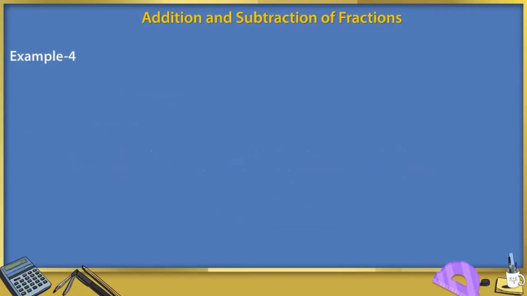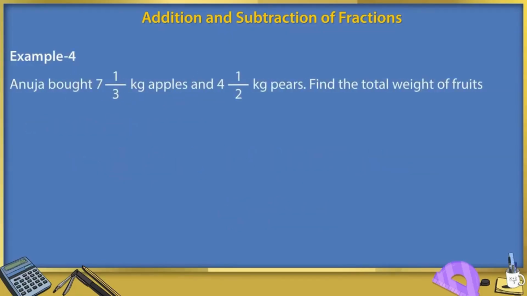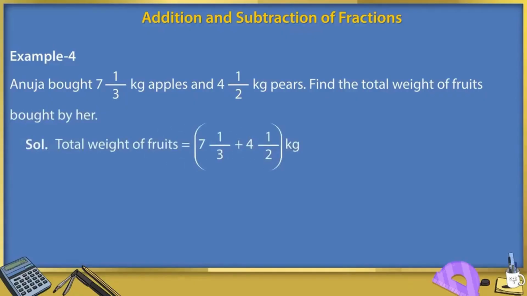Example 4. Anuja bought 7 1 by 3 kg apples and 4 1 by 2 kg pears. Find the total weight of fruits bought by her. Solution.